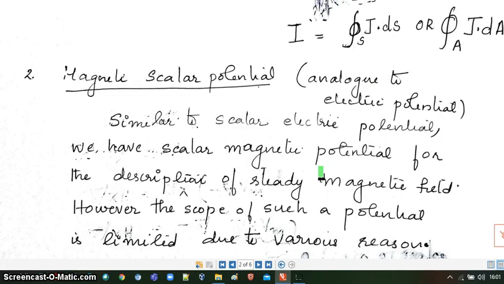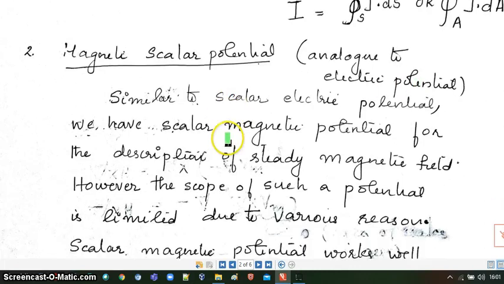Next we will see what is magnetic scalar potential. It is a term which is analogous to the electric potential, E equal to minus del V. You have the relation connecting electric field intensity and potential, E is equal to minus del V, where E is the electric field intensity and V is your potential.